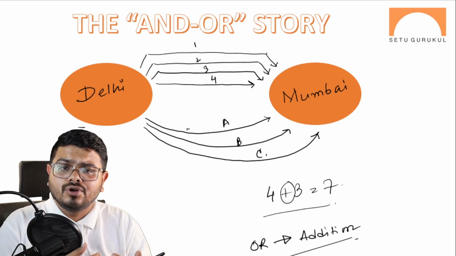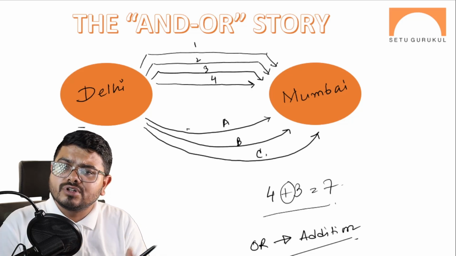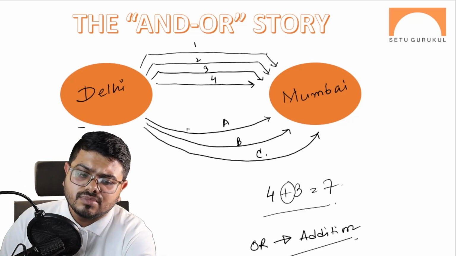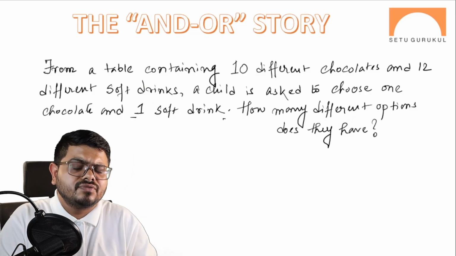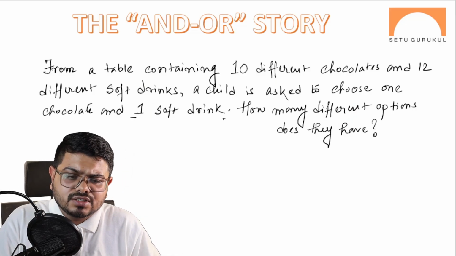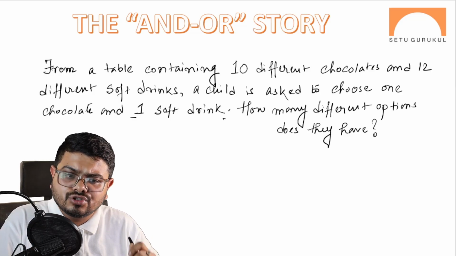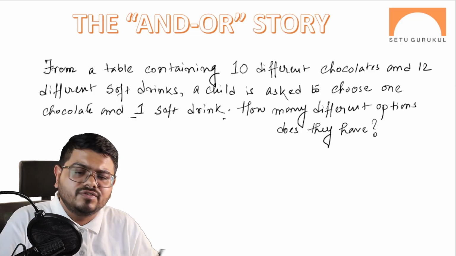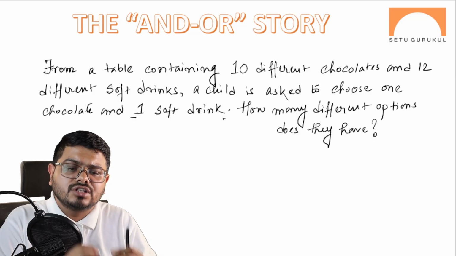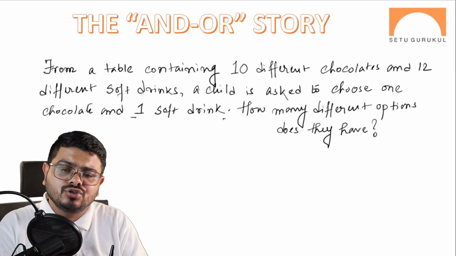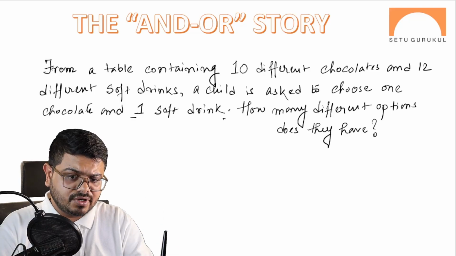I'm going to look up two more examples along with you. So let's go through them. I hope that is going to just refine our understanding. So the question goes like, from a table containing 10 different chocolates and 12 different soft drinks, a child is asked to choose one chocolate and one soft drink.